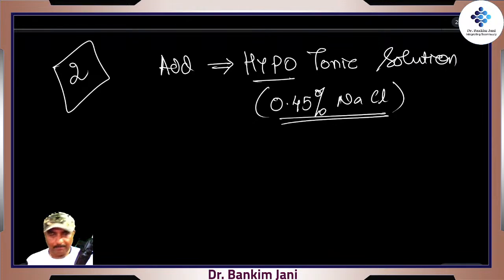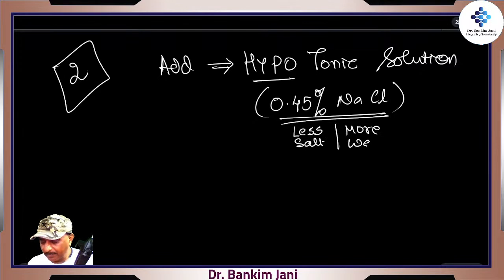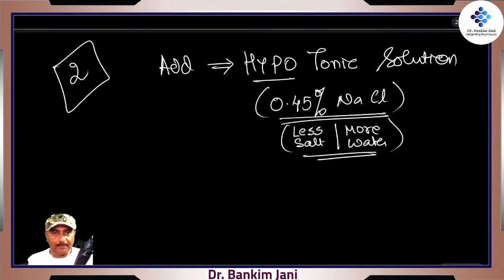In very crude language, this means that you are giving less salt and more water. This is what you are doing, right? This less salt and more water with respect to ECF, with respect to our extracellular fluid. So that is what would happen.